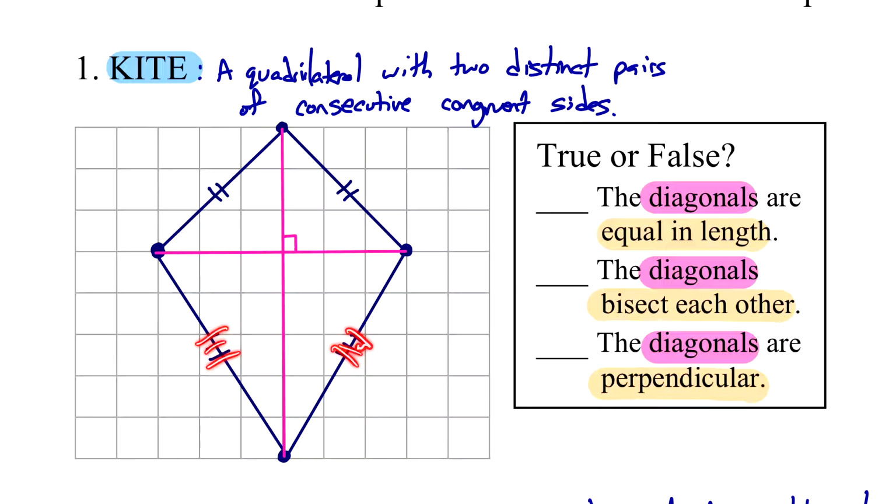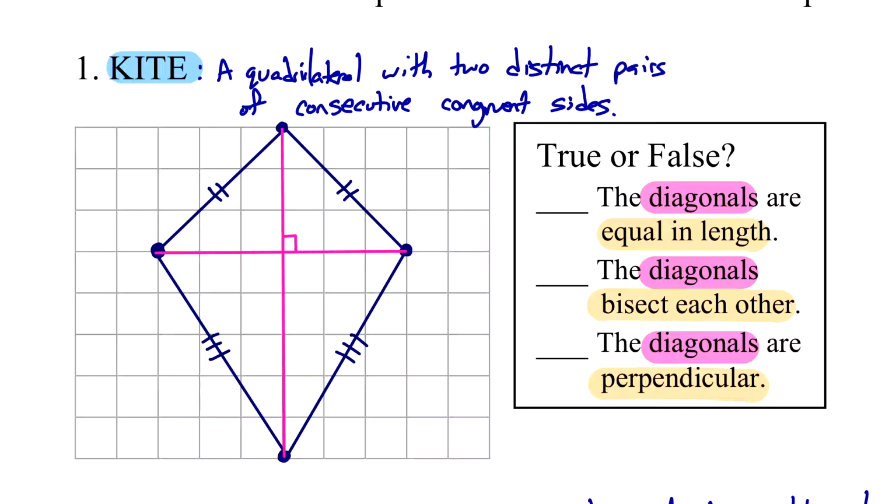All right, so I've also drawn in some extra lines, and these are what we call the diagonals. The lines that go from vertex to vertex, we call these. So when we connect them, they create these lines, and we call them diagonals, and we want to know how do they interact with each other.